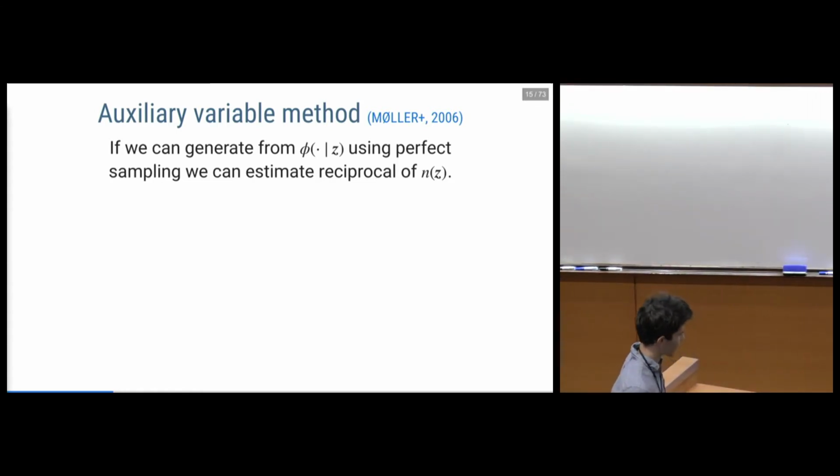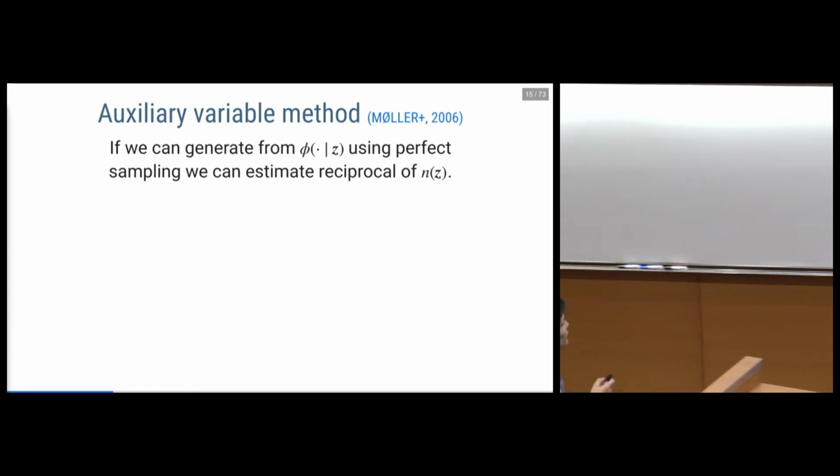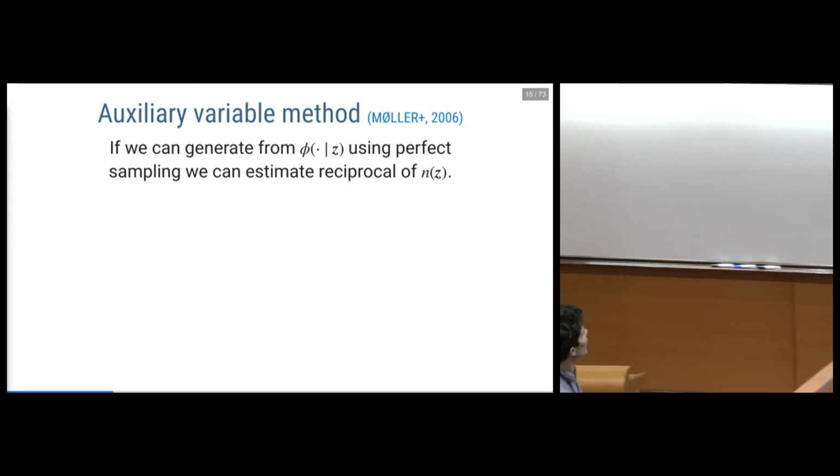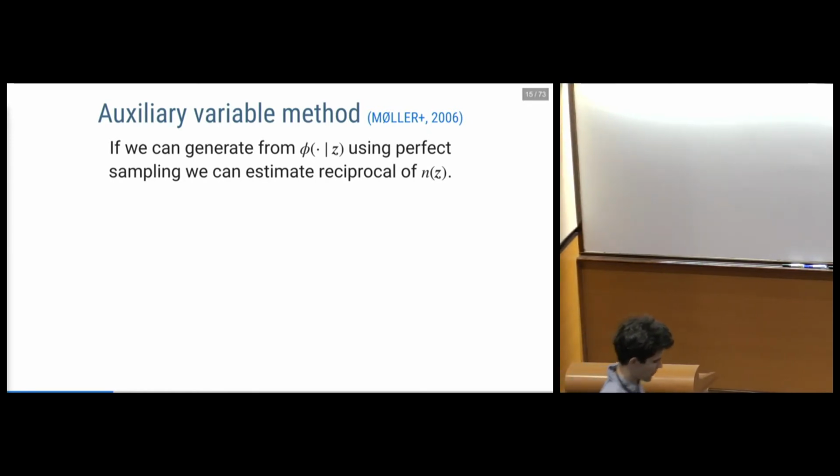There have been a few different algorithms proposed in this setting. This class of distributions was termed doubly intractable distributions by Iain Murray in a paper of his. And one of the first methods for performing inference in these doubly intractable distributions was due to Møller and colleagues.